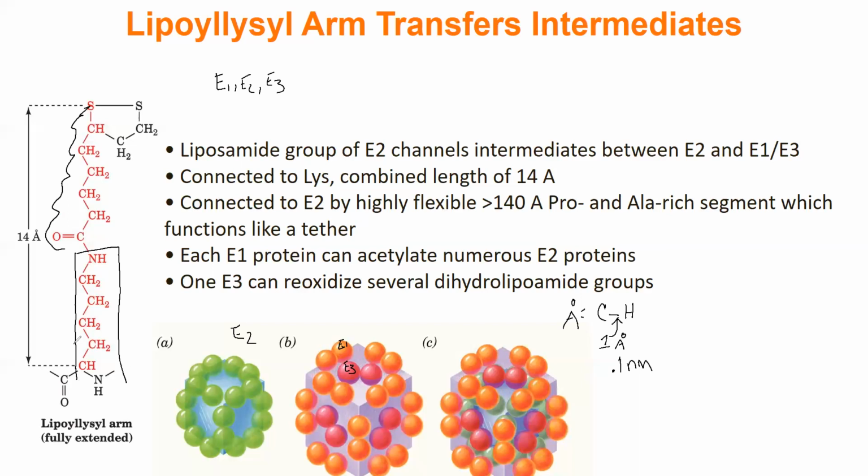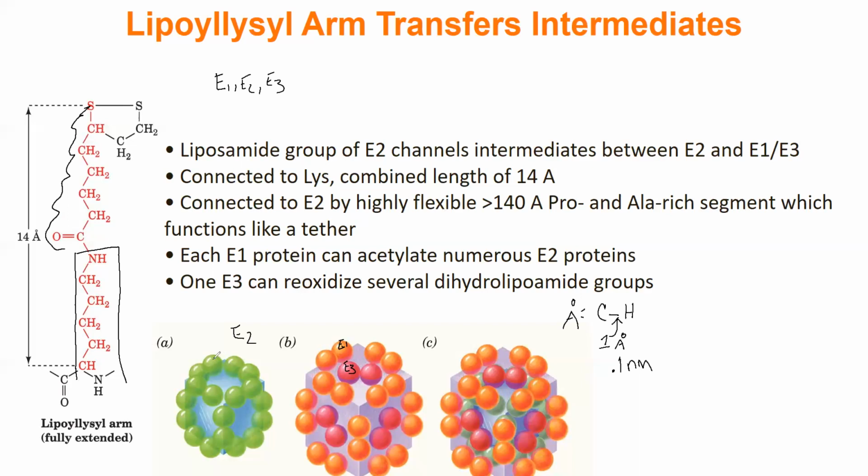It's connected to a proline and alanine-rich segment, and it functions like a giant arm where E2 will go with its arm and take the pyruvate from E1, then extend to E3.